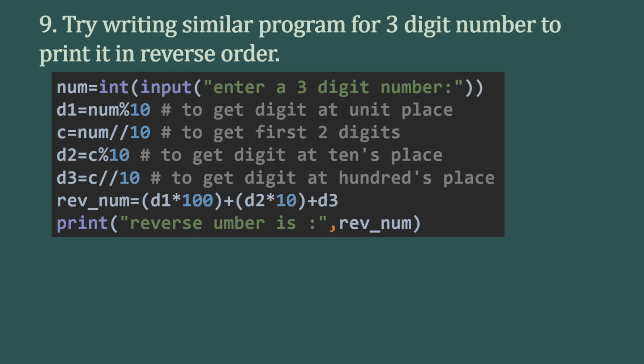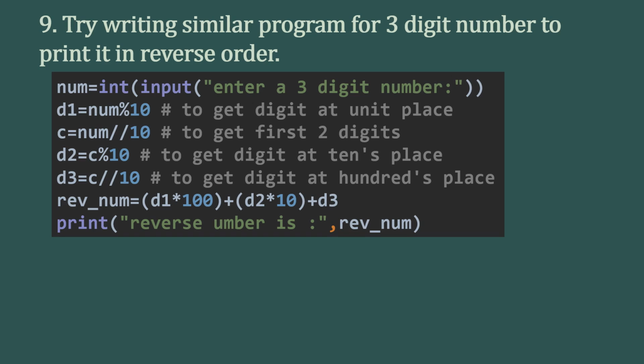Now again, if you divide c by 10 and take the remainder, that will give you the digit at the tens place. And if you divide c by 10 and take the quotient, that value will give you the digit at the hundreds place. Let's store these two digits in variables d2 and d3. So now d3 will store the digit at the hundreds place, d2 the digit at the tens place, and d1 the digit at the units place.